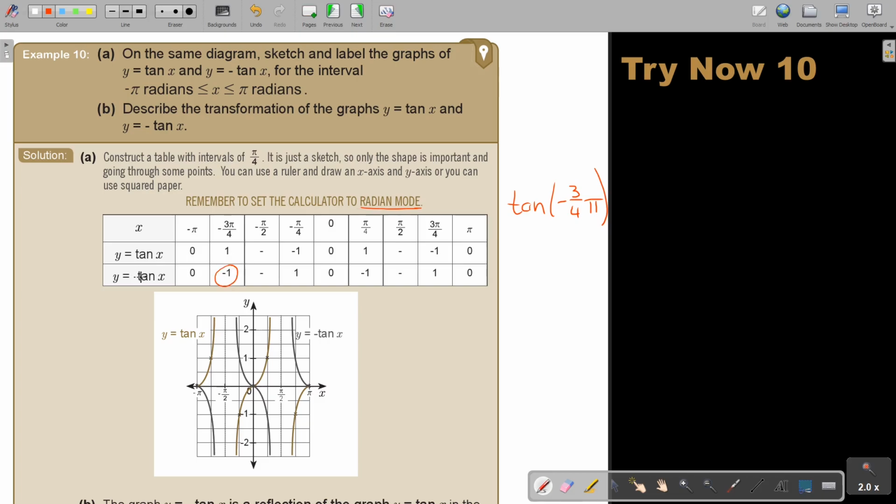But actually it's just multiplying these values by negative 1. Okay, then I plot the points. So I start, in that case, it's 0 and then it's 1. And then nothing. And where you see nothing, you make a dotted line, and that's the asymptotes.